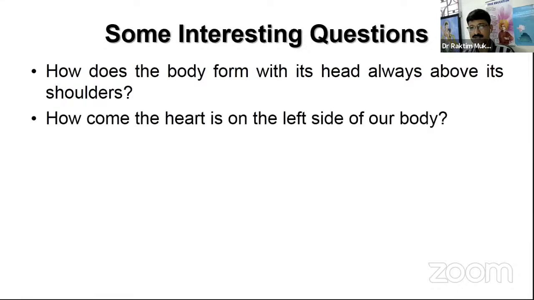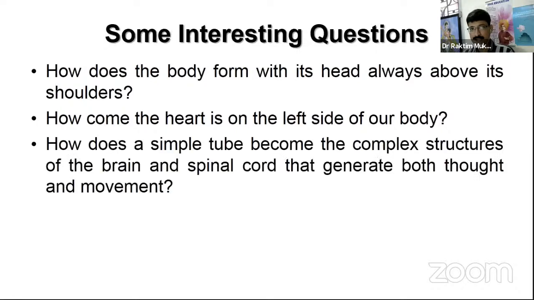How come the heart is on the left side of the body? It's not on the right. Of course, there is a very rare section of individuals who are born with a right-sided heart. We call it dextrocardia. Again, how does a simple tube become a complex structure of the brain and spinal cord that generates both thought as well as movement?